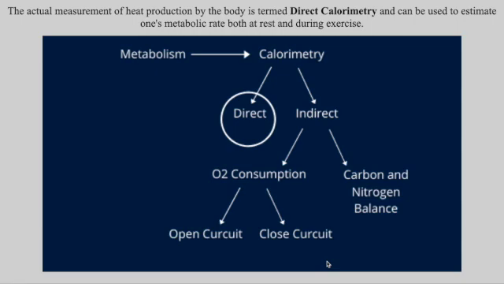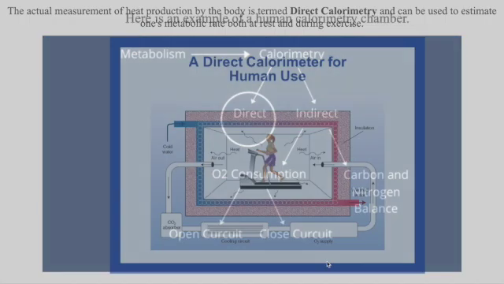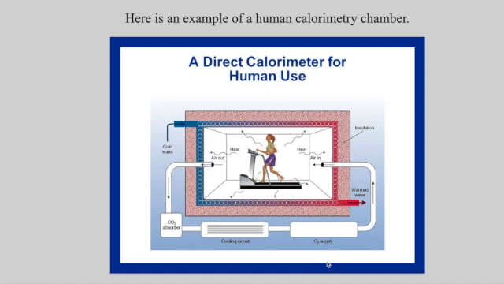Okay? And as you see in this small picture, the metabolism starts with the calorimetry, if it's direct, and how that measurement happens. Here's an example of a human calorimetry chamber. With these types of chambers, the major problem is they're very expensive.